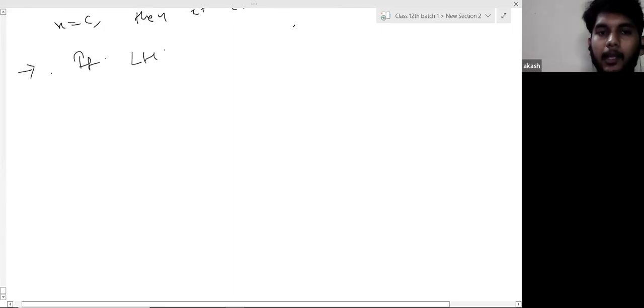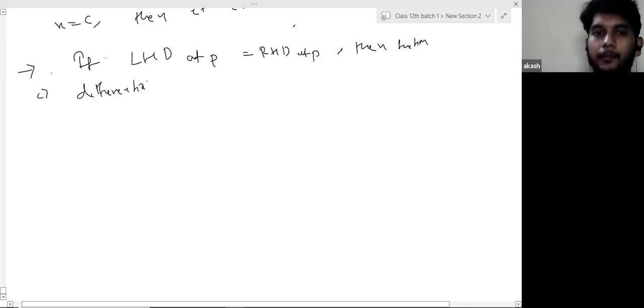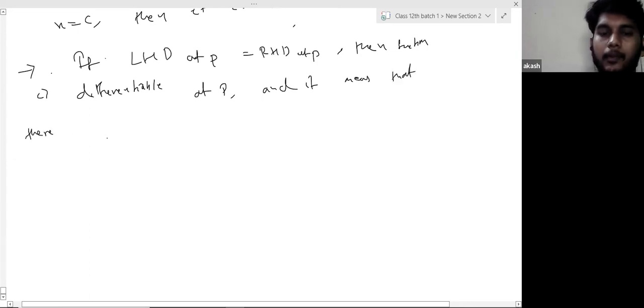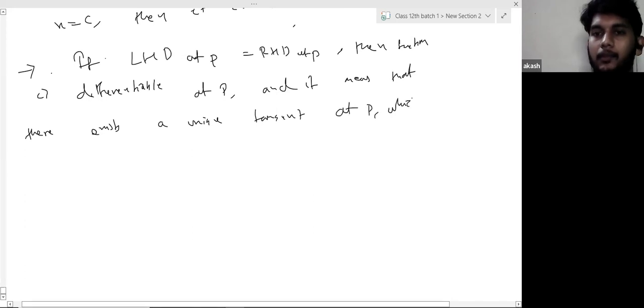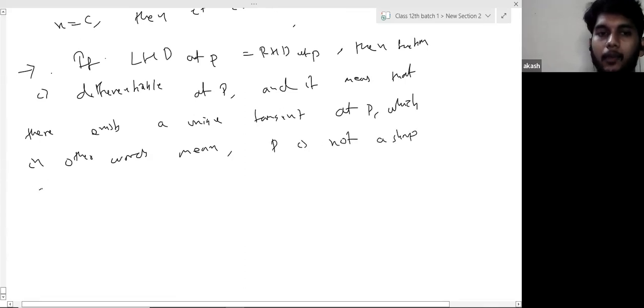If LHD at P is equal to RHD at P, then the function is differentiable at P, and it means that there exists a unique tangent at P, which in other words means P is not a sharp corner.